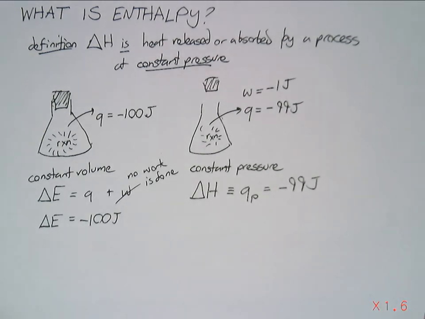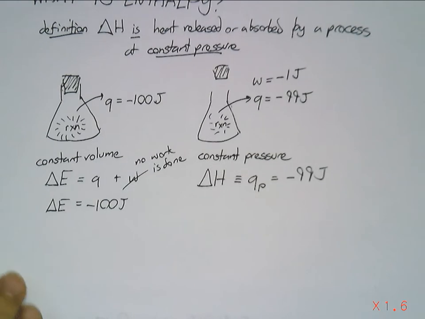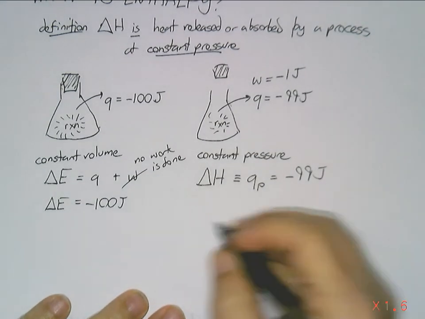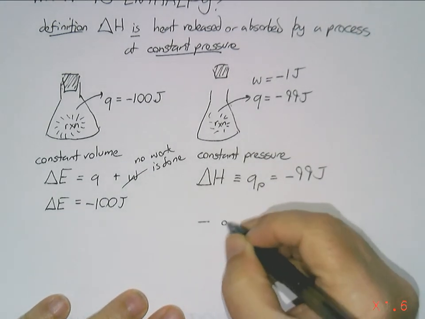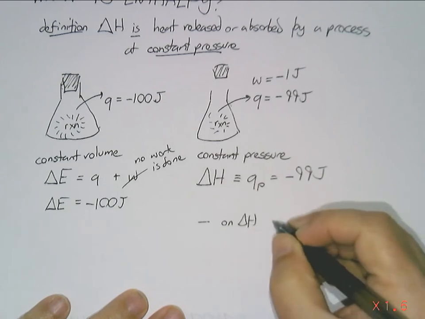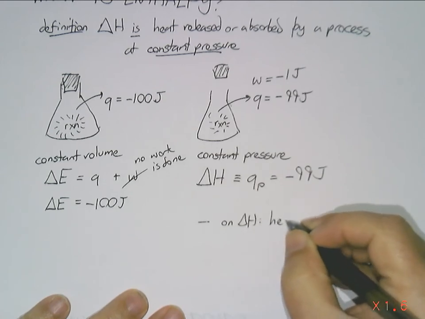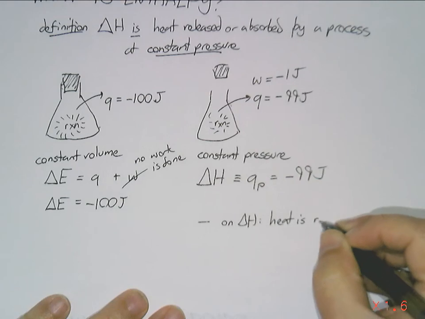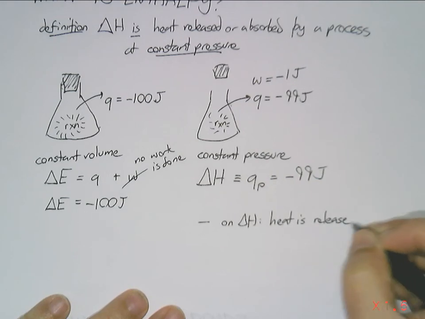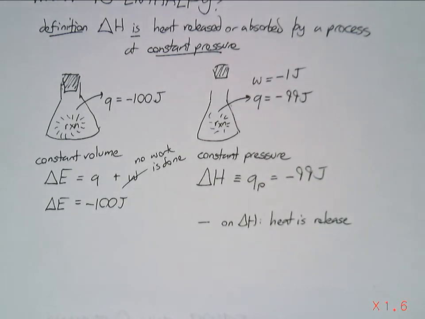Now, if you take a look at the sign on the enthalpy, it's pretty important. If you've got a minus sign on delta H, that means heat is being released. Think about reactions that release heat, like a fire. A fire releases heat into the atmosphere. There's no such thing as a cold flame. It's always a hot flame, and it's releasing heat.